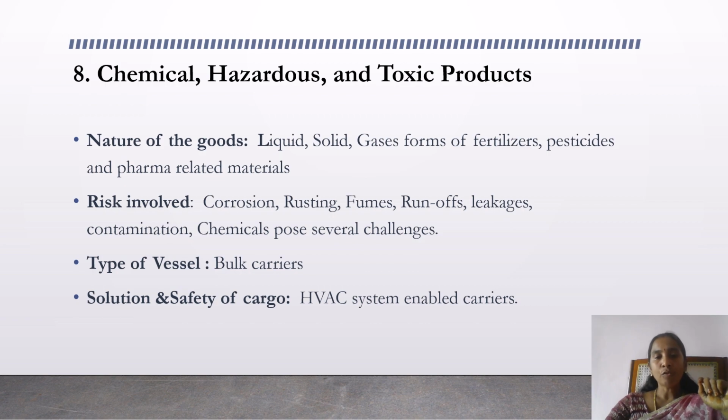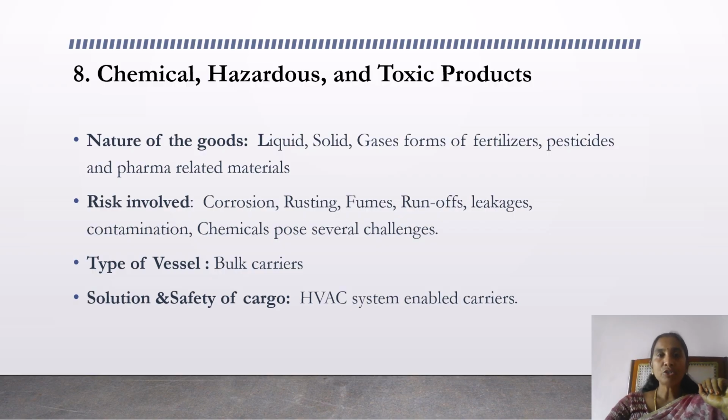And what is the risk involved in this? There is a lot of risk involved in the form of fumes, in the form of rusting because of the nature of the chemical. It may create rust and corrosion, runoffs, leakages, contamination of the cargo. These are all the different severe challenges which we have in carrying this kind of cargo.